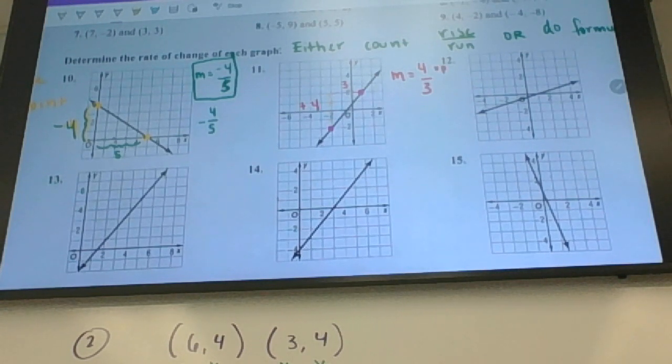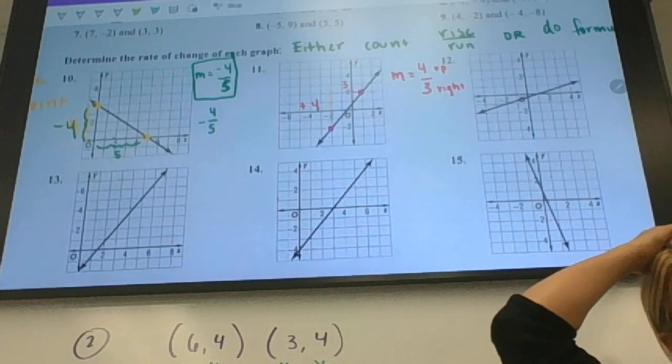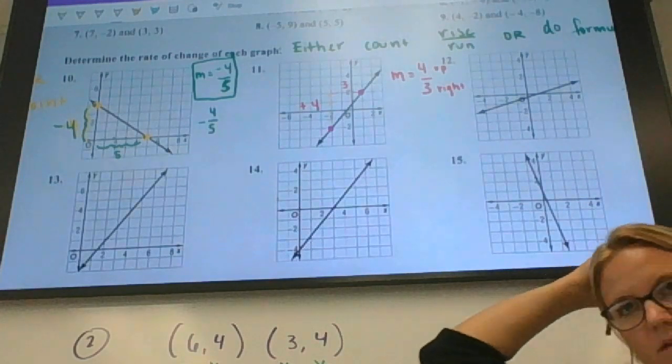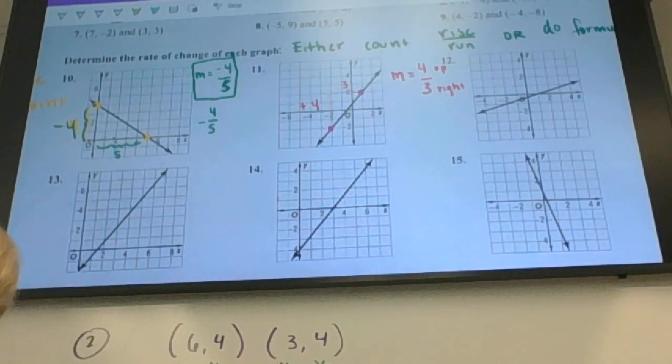I went up 4, right 3. So I always kind of think, is my graph going positive? And did I write down a positive m value? That should match. If it's going uphill, your m value should be positive. If it's going downhill, your m value should be negative.